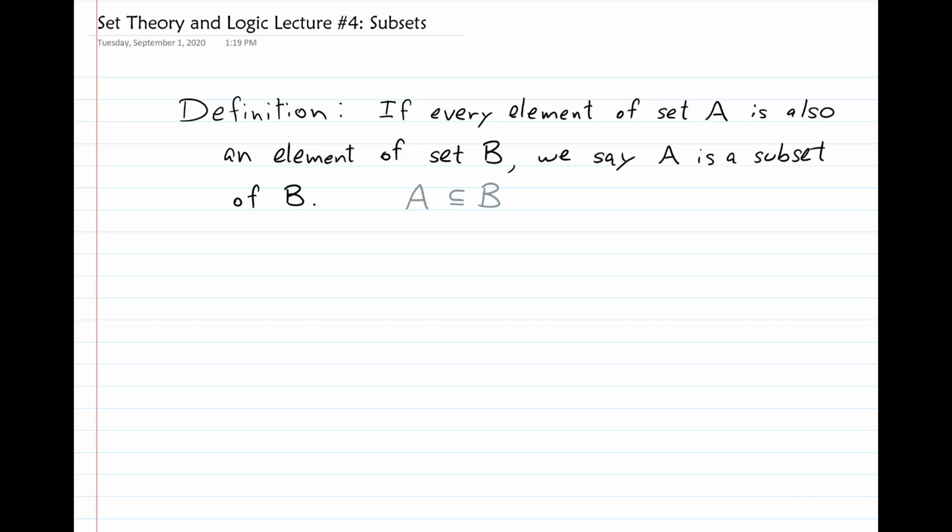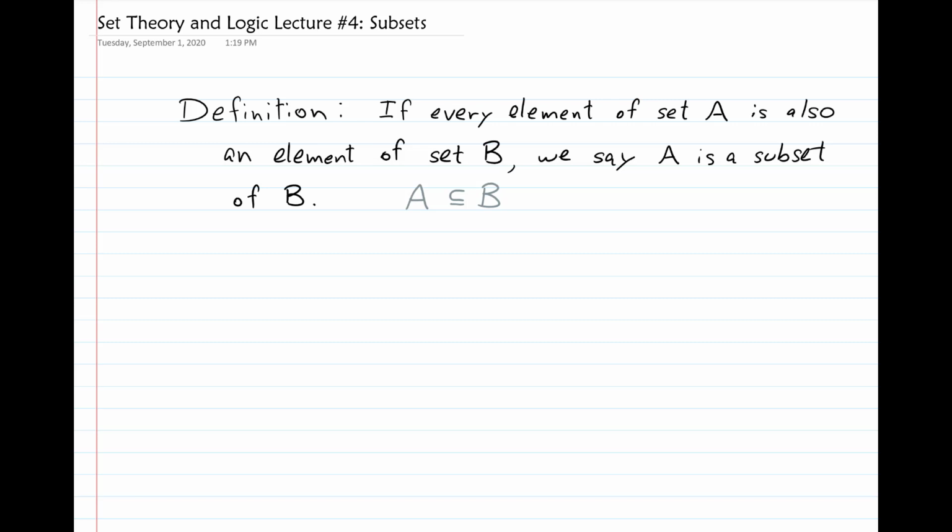So always remember that. I'm not going to put that one in writing right now, but always remember that if you hear that A is contained in B, it means that A is a subset of B. So every element of A is also an element of B. Okay?